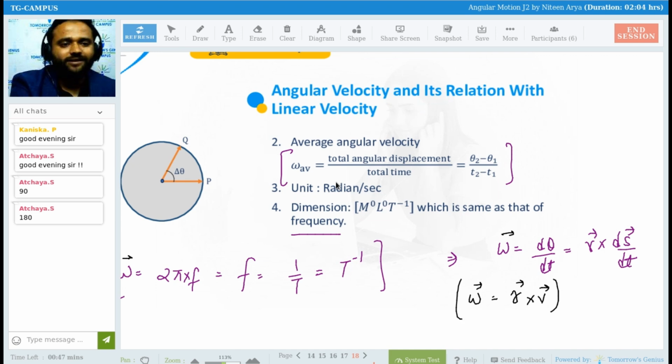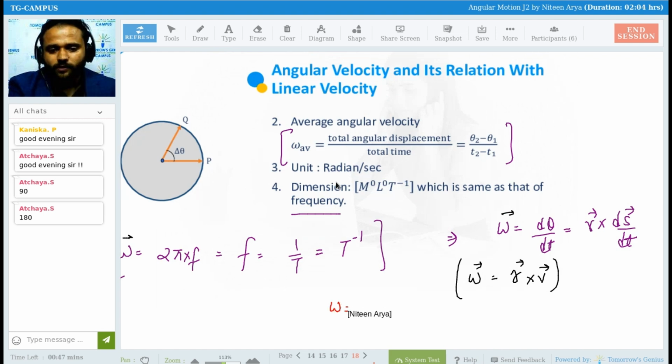Okay, so that is in vector, or in magnitude wise, omega equals v over r. Simple. Clear, beta?